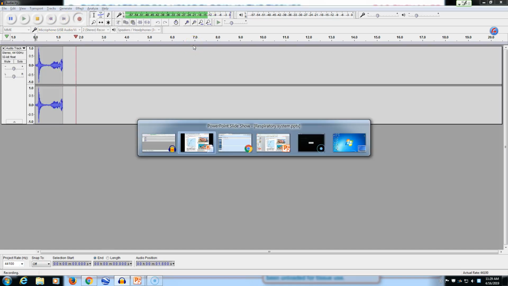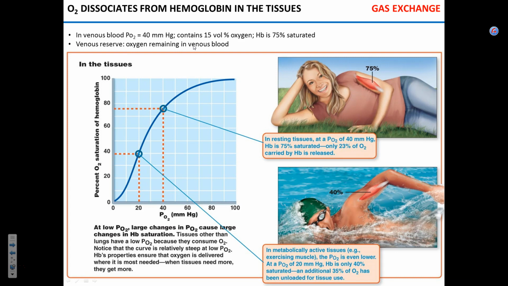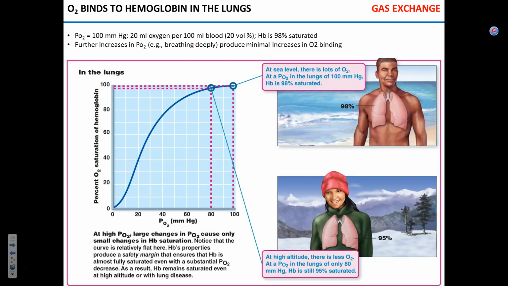So when we talked about it last time, we identified a couple of main features of the hemoglobin dissociation curve. First, we figured that in an environment with a high oxygen concentration, basically the lungs, the hemoglobin saturation does not change dramatically if oxygen pressure decreases.